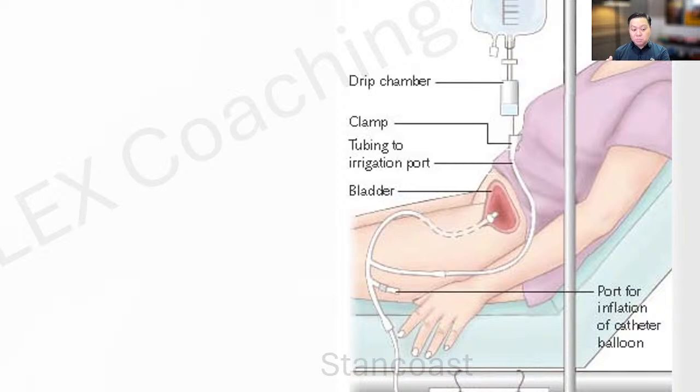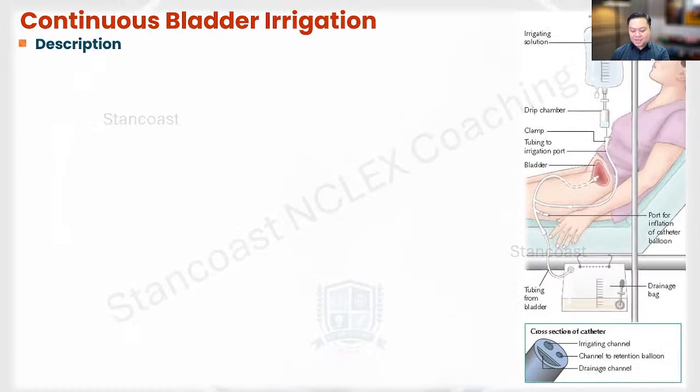Because if the catheter moves, it can affect the integrity of the incision inside the bladder. So we don't want that to happen. That's why we have to secure it with tape to the abdomen and the patient's thigh. I cannot find a perfect picture, and that's the only one I can find on the website.